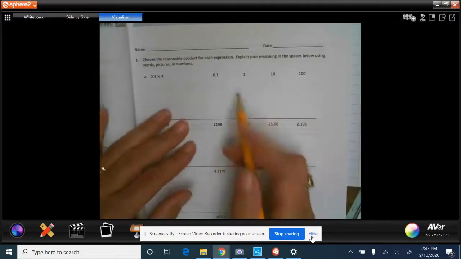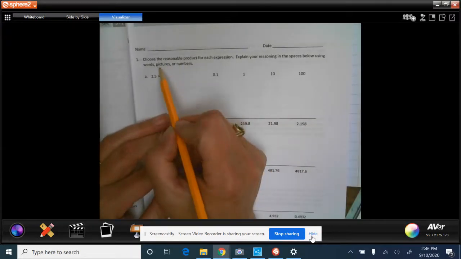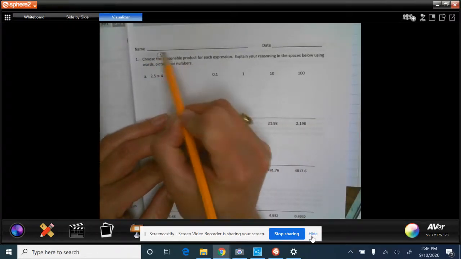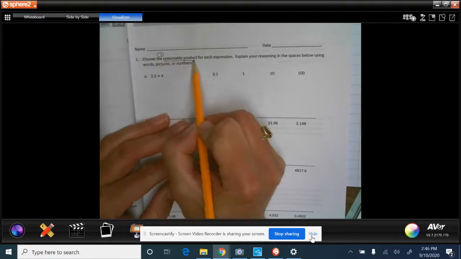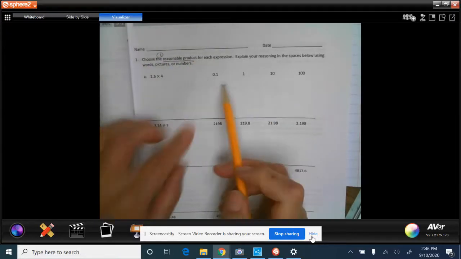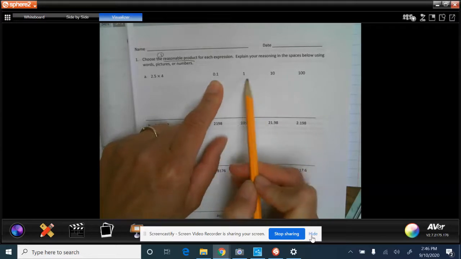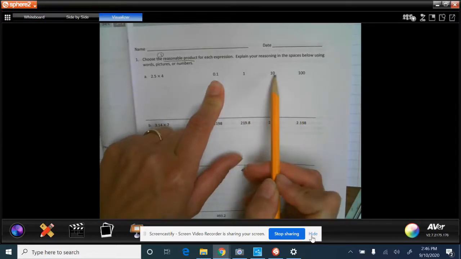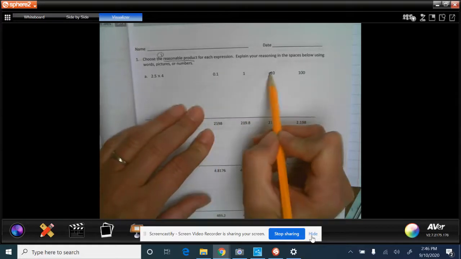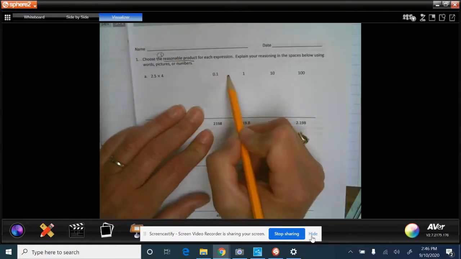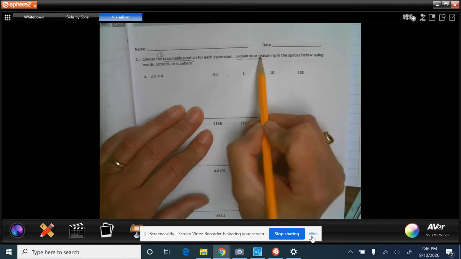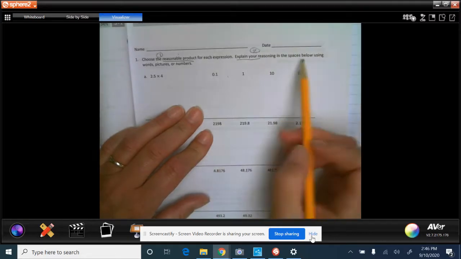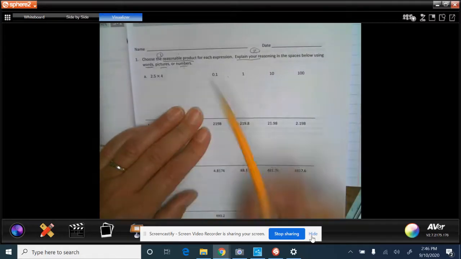So when you're looking in the problem set, it tells you to do 2 things. 1, choose the reasonable product. They're just saying, no matter what, your answer is going to be a 1 or 10 or 100. No matter what, you're going to have a 1 in your answer. But what place value is your 1 going to be in? So 1, you choose the right one. 2, explain yourself using words, pictures, or numbers.